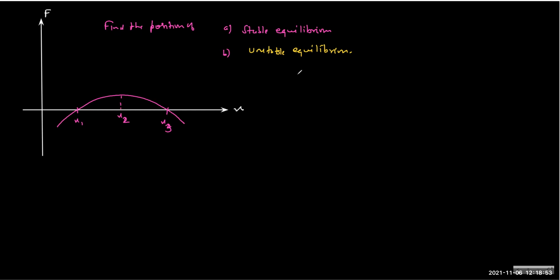Stable means it should have the restoring force. So you have to just check whether the force is supporting or opposing. Like if you try to go right, it should act left, and vice versa. So X3 is stable equilibrium.